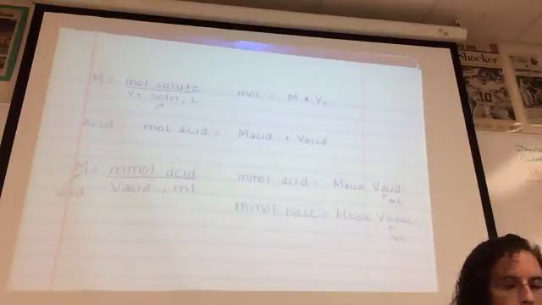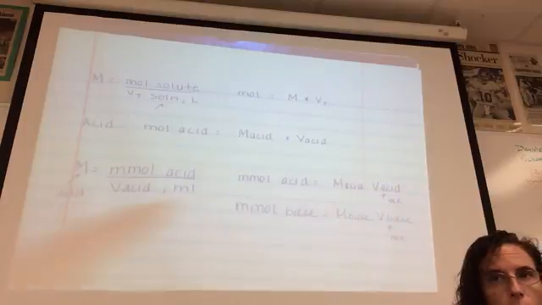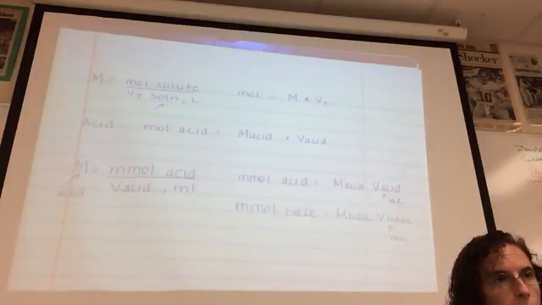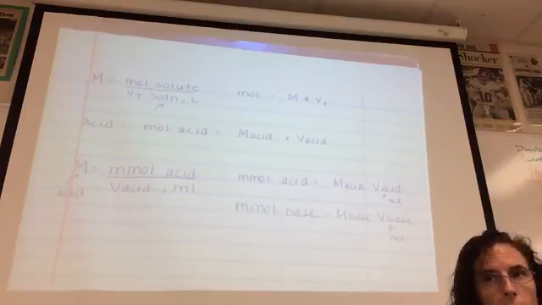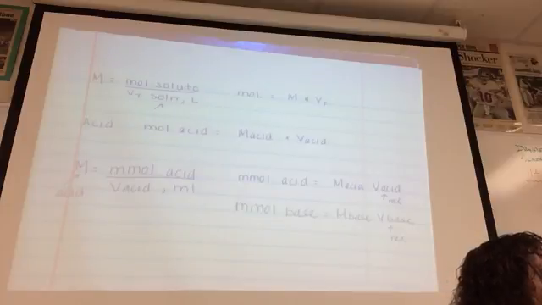Once you calculate the millimoles of the acid or the base, whatever you know both the molarity and the volume of, you can use stoichiometry to go from acid to base, because at the equivalence point, the millimoles of acid and base will be stoichiometrically equivalent, and we'll point out each step as we solve a few problems.